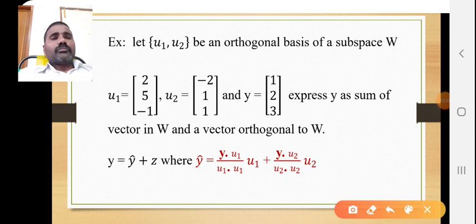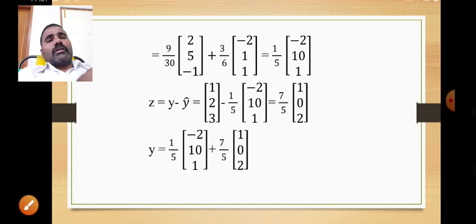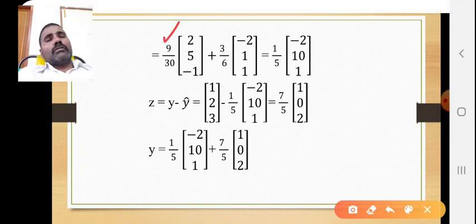Now, y dot u1 is nothing but 2 plus 10 minus 3, 9. And u1 dot u1 is 4 plus 25, 29 plus 1, 30, that is 9 by 30. That's why it is 9 by 30 into u1.